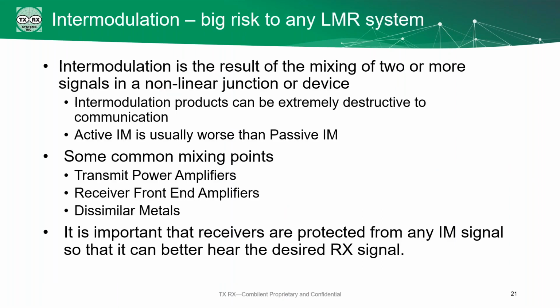Now, intermodulation. This is something we mentioned before, and I said I would get back to it. Intermodulation is the result of mixing 2 or more signals in a nonlinear junction. Well, what does that mean? That means that you can mix them in an amplifier, in the receiver front end, in any place where you have dissimilar metals.